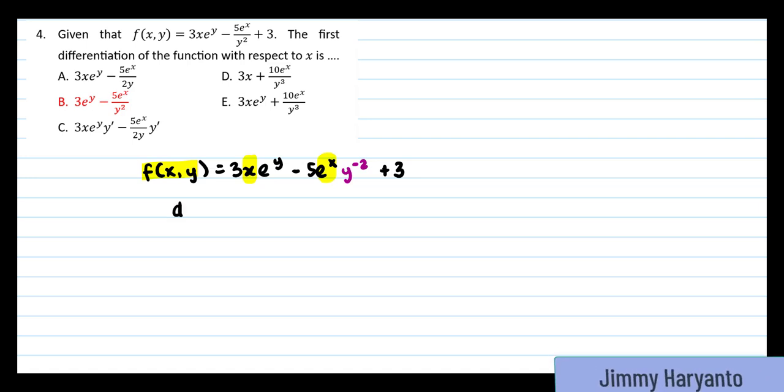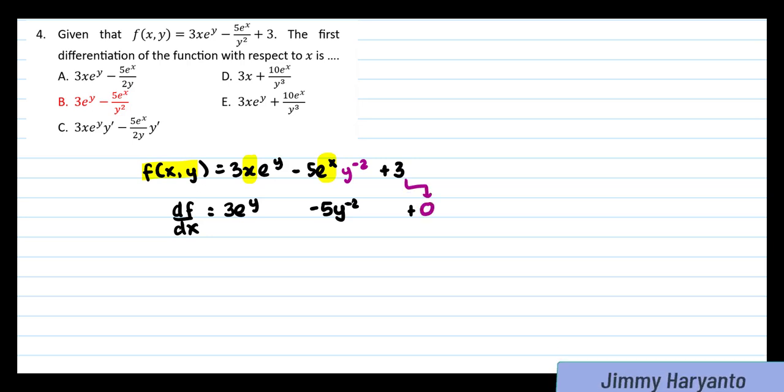So the first differentiation will be df over dx equals, you will write down the one that I have not highlighted. So you will write down 3e^y. I mean you only have to copy the one that is not highlighted. 5y minus 2, but for this one you have to differentiate it. It will become 0.